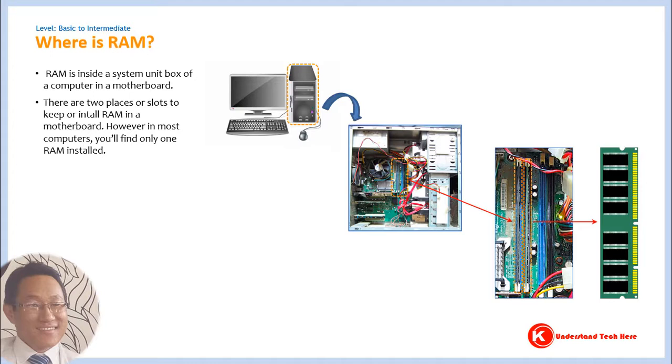Though SRAM provides faster access to data and instructions than DRAM, it is more expensive at the same time. Therefore, the RAMs used in computers are DRAMs. DRAMs are made up of capacitors.